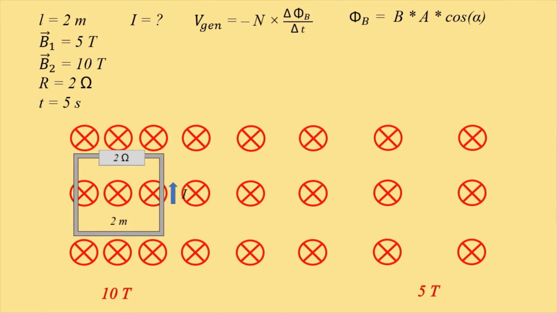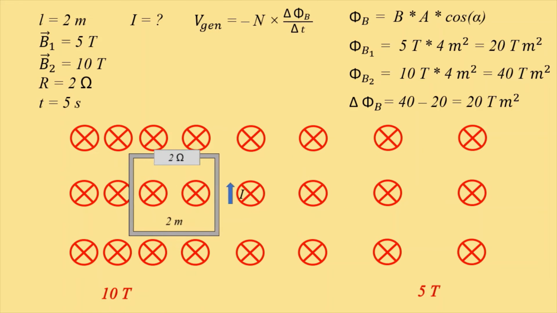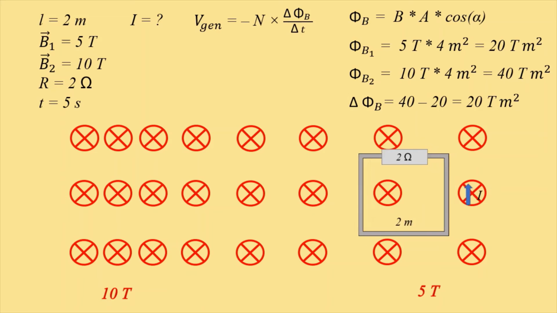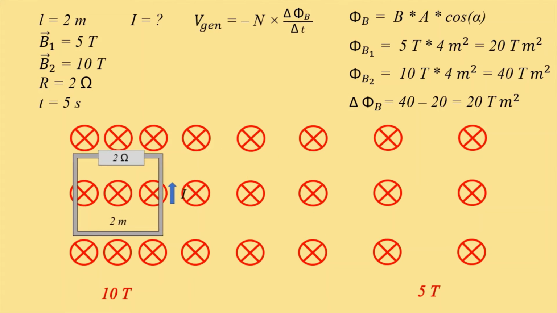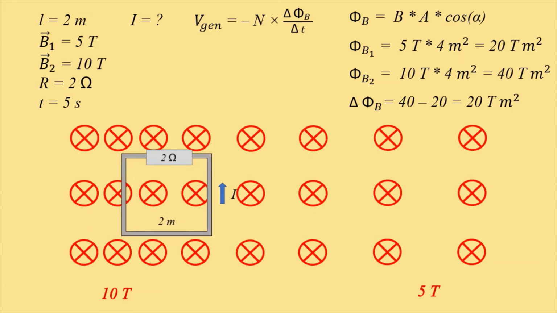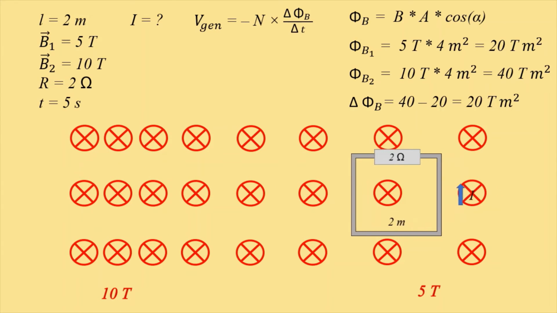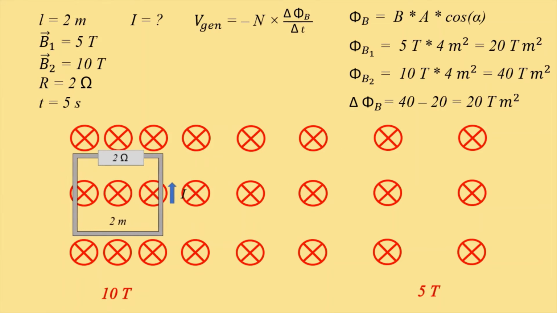So let's do it. Here are the equations. The flux B1 at the start, we have 5 teslas and 4 meters squared, and the cosine there is the cosine of 0 degrees, because they're perpendicular to each other.